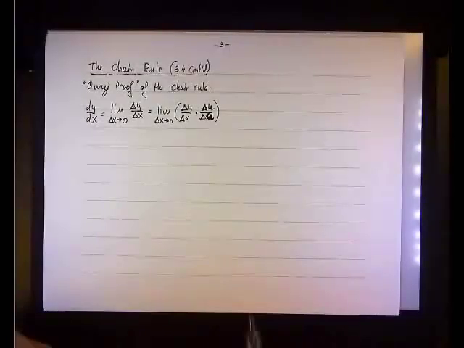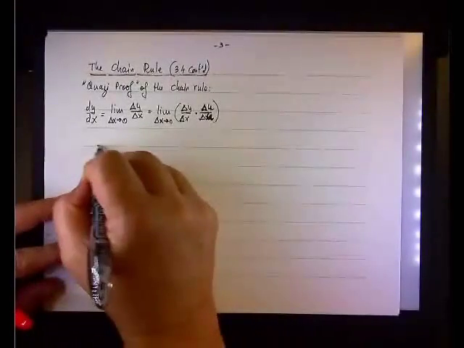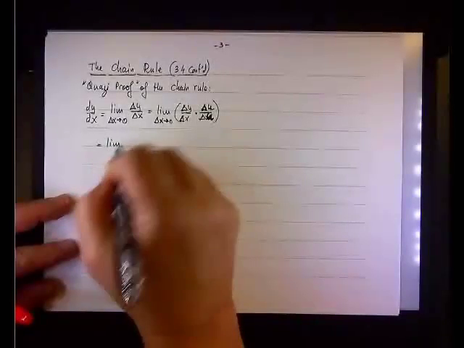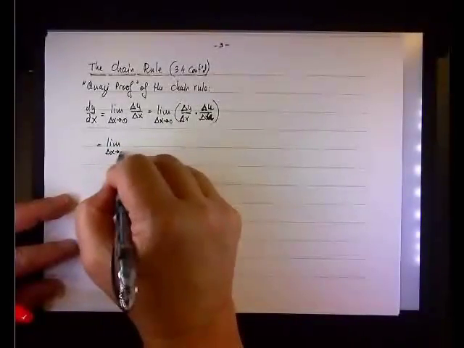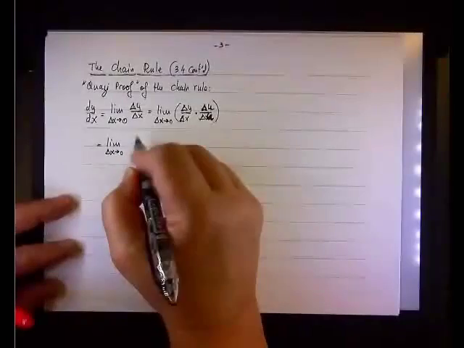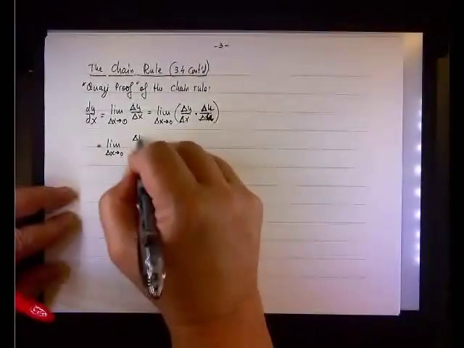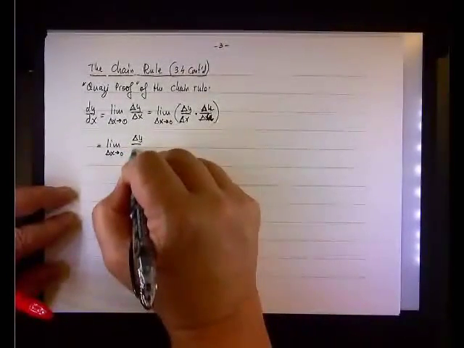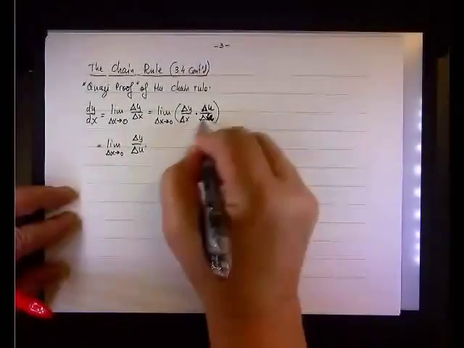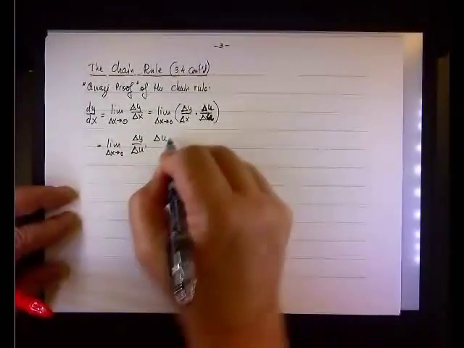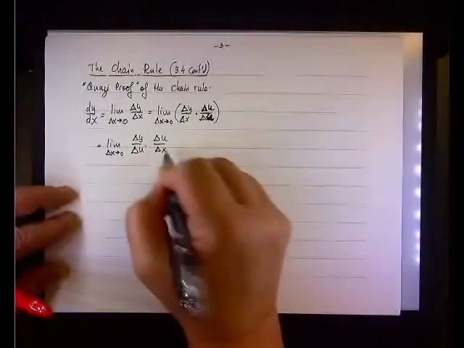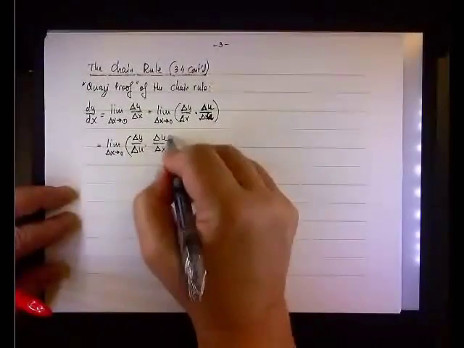And now, since multiplication is commutative, 3 times 4 is the same as 4 times 3, I can change the position of the new terms, and you're probably going to see where I'm going with it. Now I can write it as delta y over delta u, and then keep that delta u in the numerator, but write it as delta u over delta x.